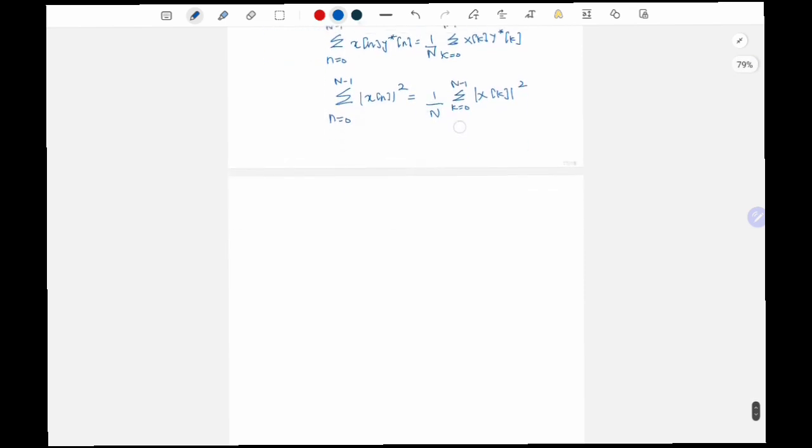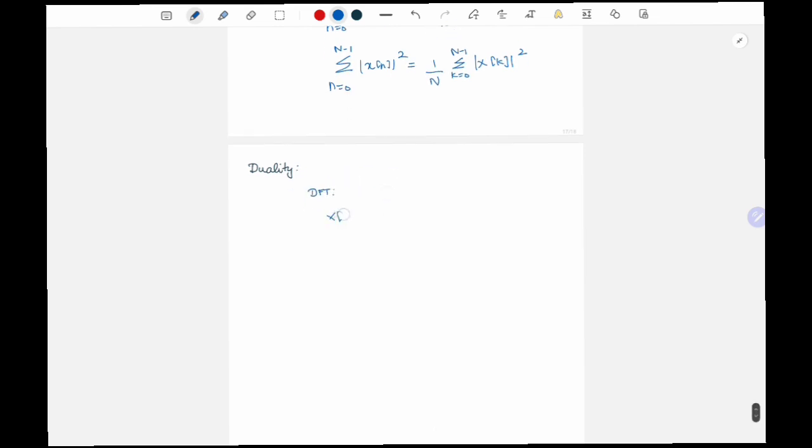And you can also try to derive the duality relation. So you have your DFT, X of k equal to summation n equal to 0 to n minus 1, x of n e power minus j 2 pi k n by n, and IDFT, x of n is equal to 1 by n summation k equal to 0 to n minus 1, X of k e power j 2 pi k n by n.